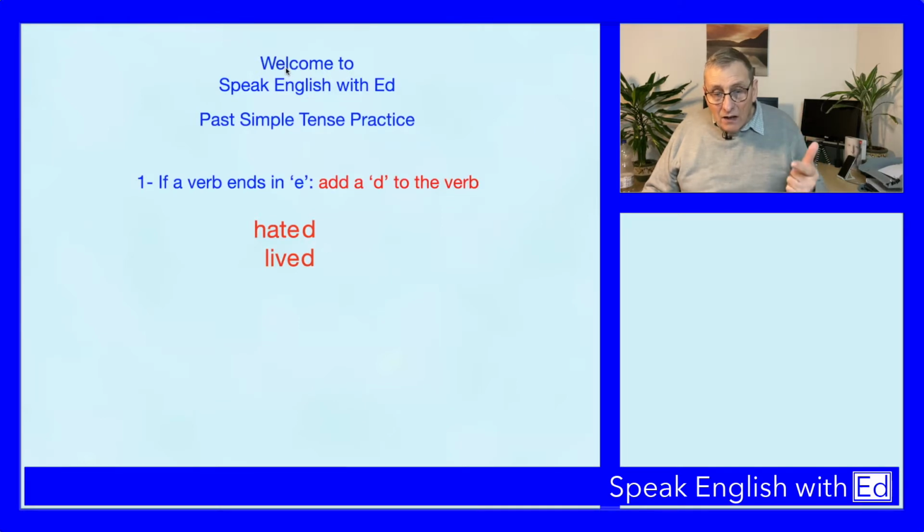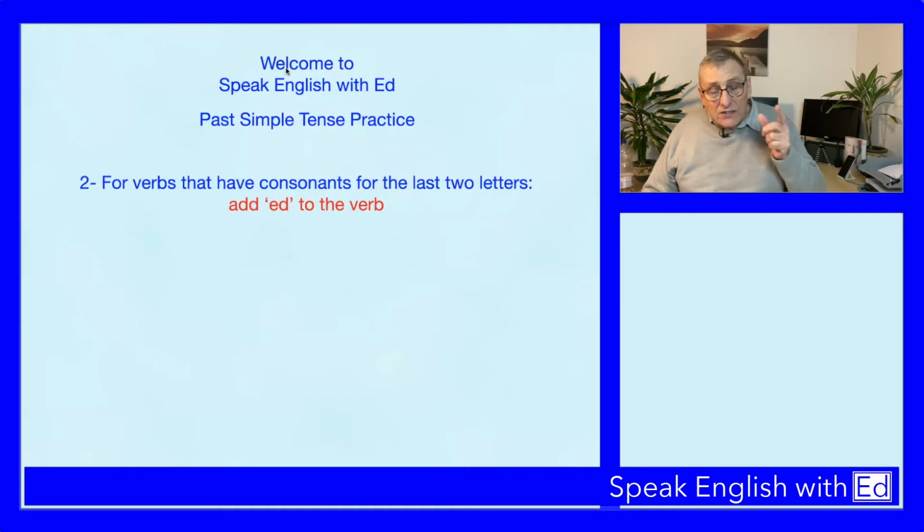Right? So for the next rule, just to see how that one works, if the last 2 letters are consonants we add ed. We've got start, and the last 2 letters of the verb, as you can see here, are consonants, so this fits into this rule.